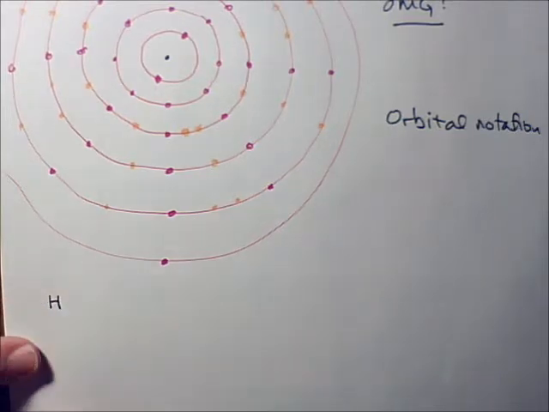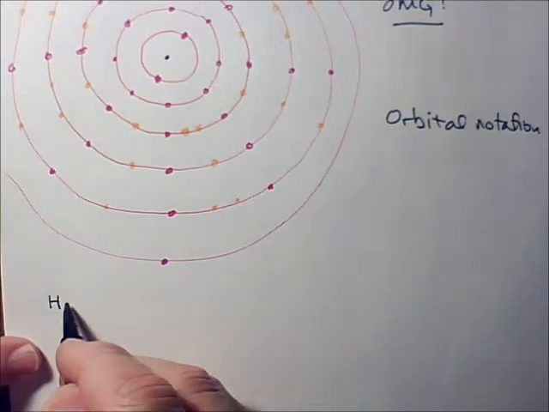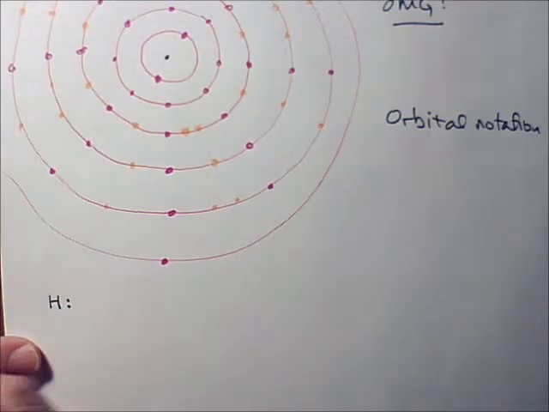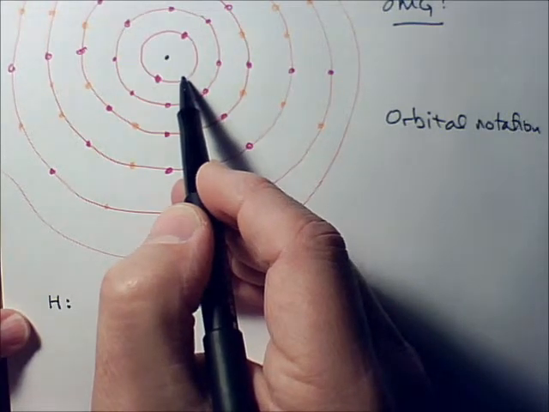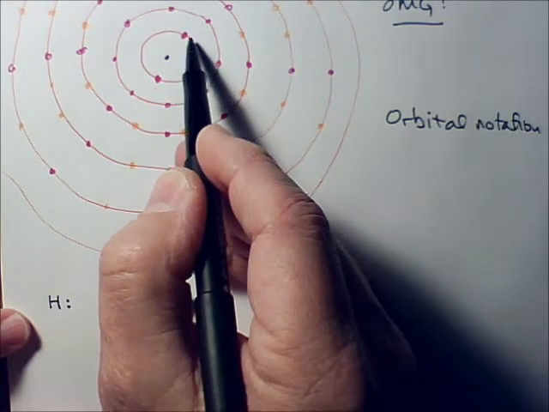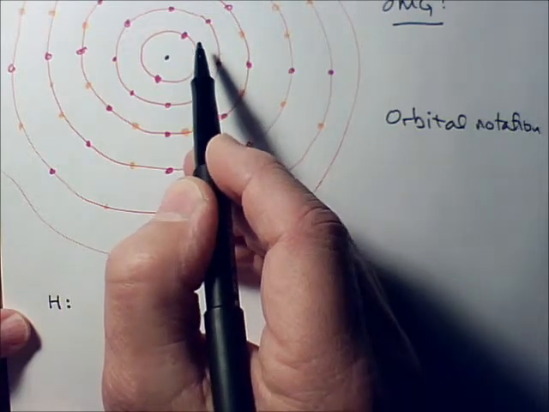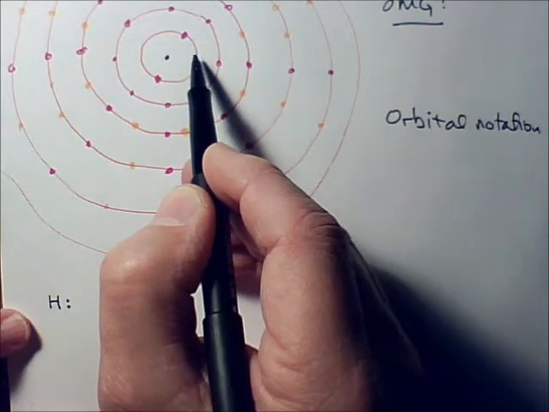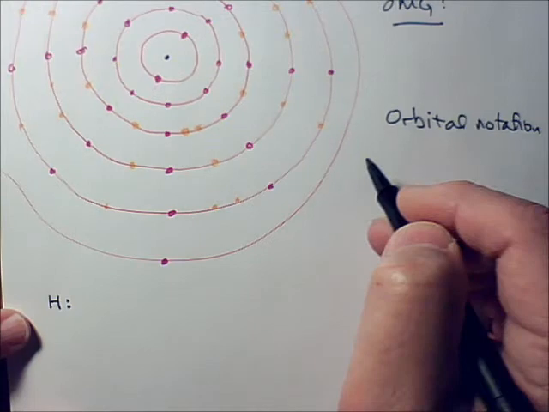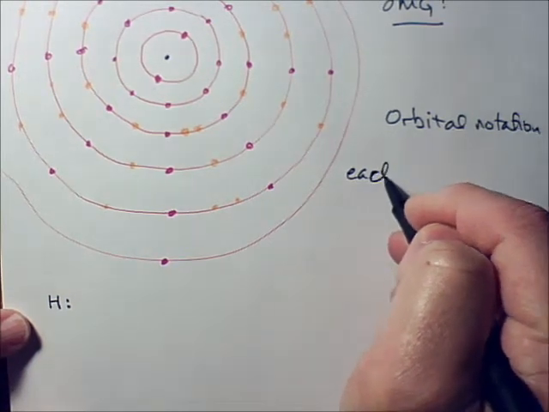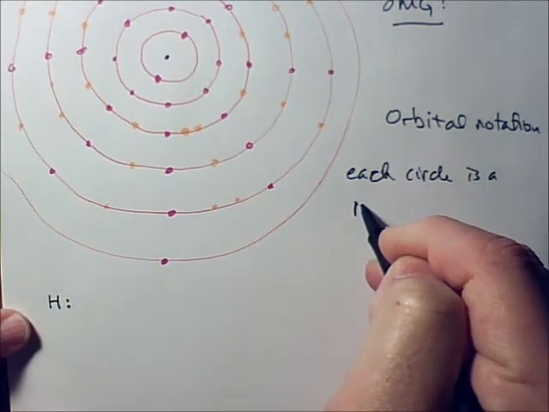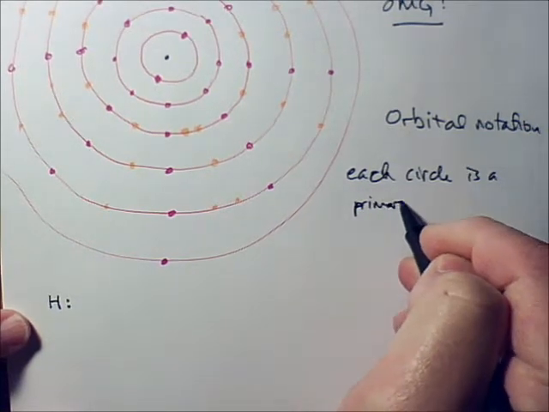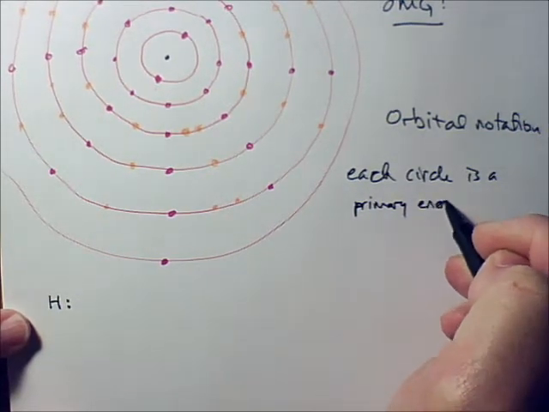Use the symbol for the element, a colon, and this circle here is a primary energy level. Each of these circles is a primary energy level.